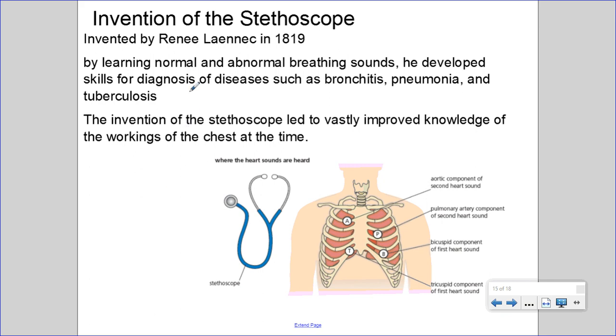When he made his creation, he used it to learn abnormal and normal breathing sounds, and from this, Laennec was able to develop the skills needed to diagnose diseases such as bronchitis, pneumonia, and tuberculosis. It can also be used for listening to the heart, determining if it is beating normally. The invention of the stethoscope led to vastly improved knowledge of the workings of the chest at the time.